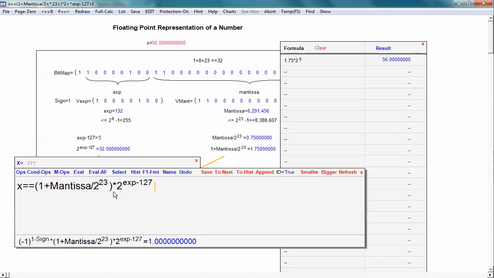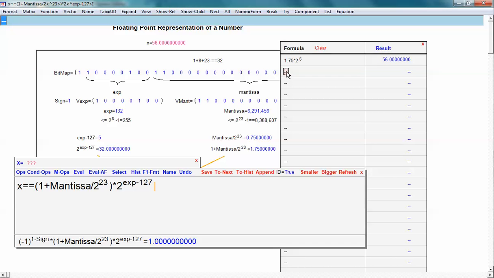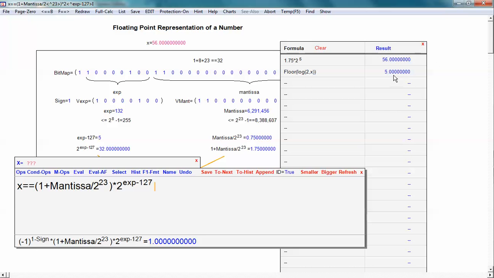And I can get rid of that fraction no matter what the mantissa is by taking a floor of my ultimate formula. So again, the formula is this here. To get the exp, I take the floor of the log base 2 of x. And that gets you the 5.